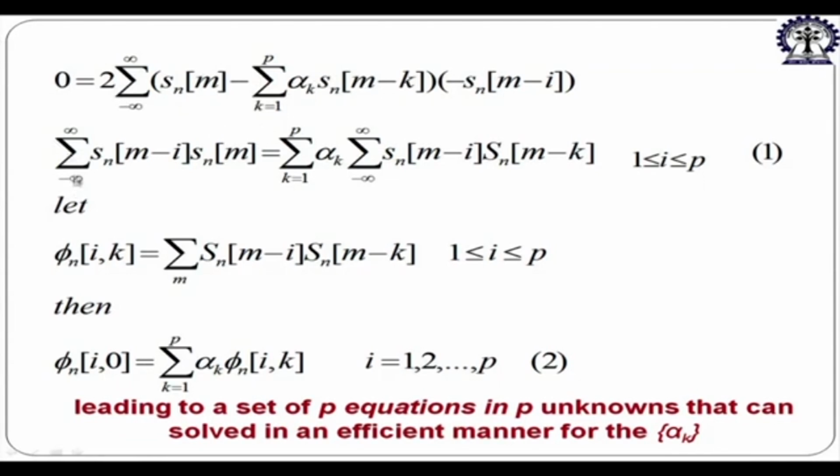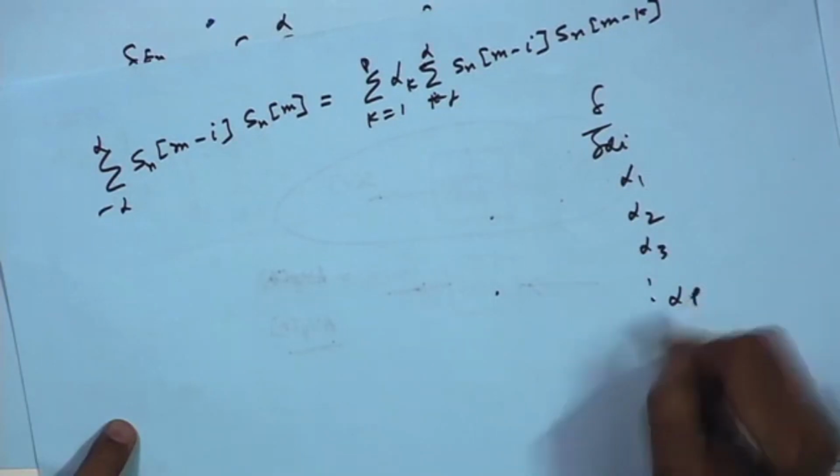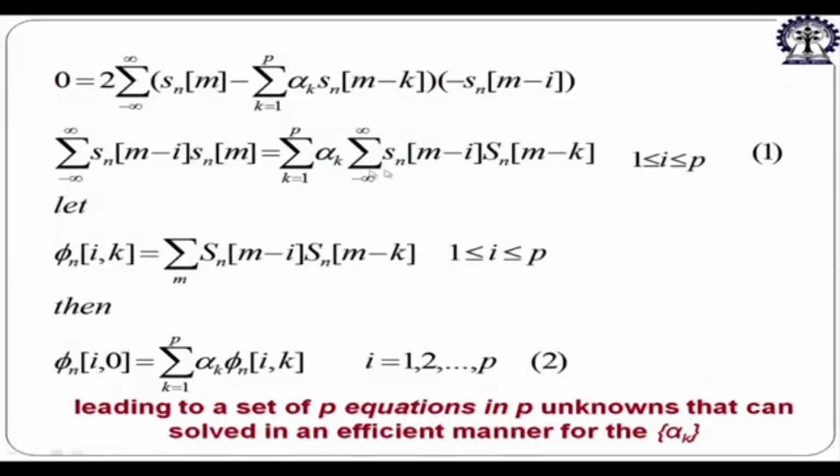So, I can say minus infinity to infinity S n m minus I into S n m, this negative I can take this side, equal to the sum over k equal to 1 to p, minus infinity to infinity S n, this one, where I can vary from 1 to p, because I am taking the derivative with respect to the first factor alpha 1, with respect to the second factor, up to alpha p. That is why I will be 1 to p.